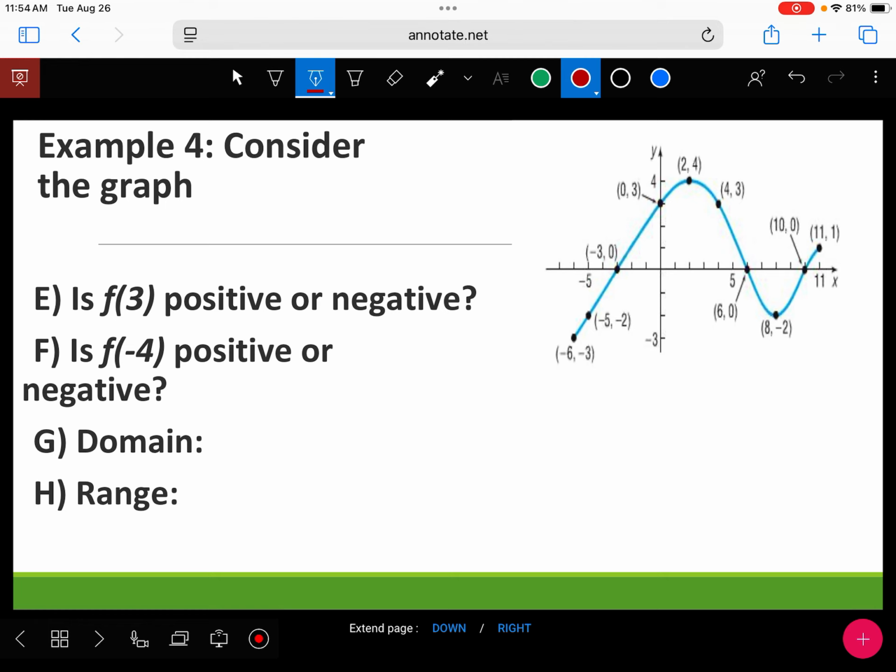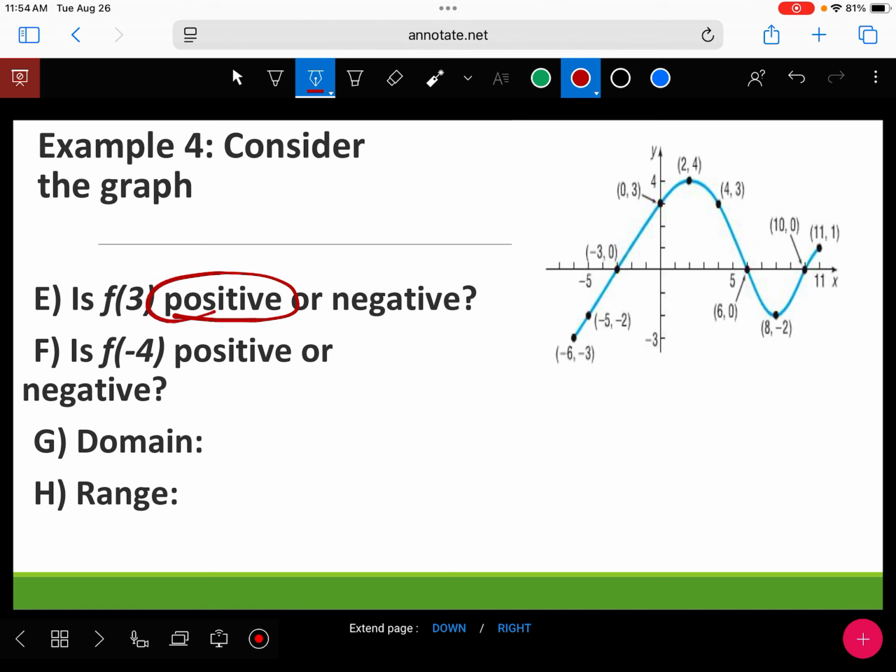Okay, so let's look at the graph when X is 3. So X equals 3. And that's going to be right about here, where you see that little red dot. So what would you say? Do you think Y is positive or negative right in there? Positive, because it is above the x-axis. So I agree.